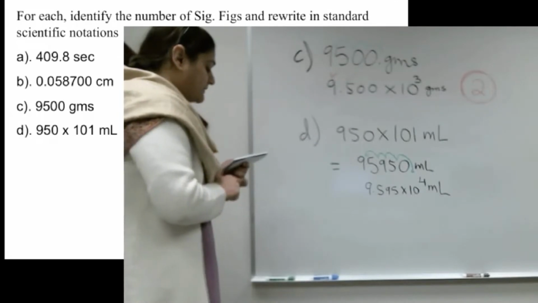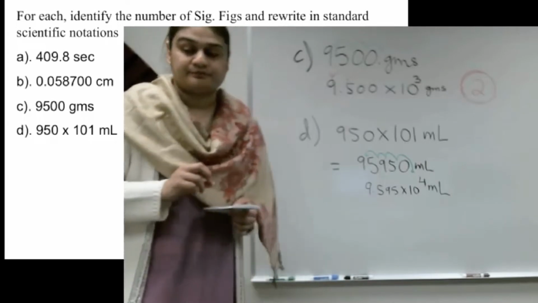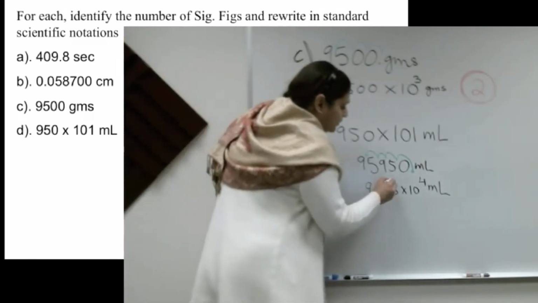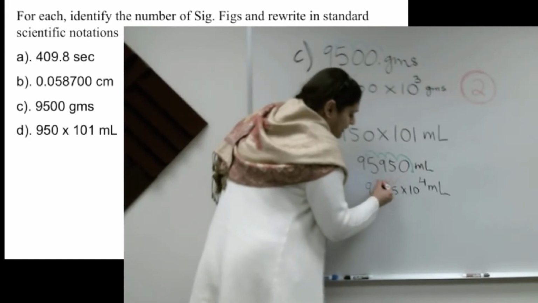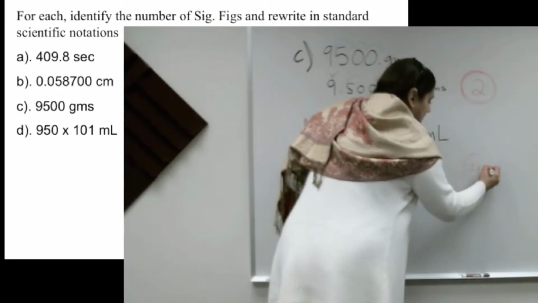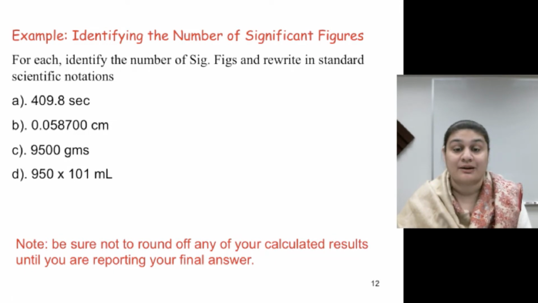And now for significant figures, how many significant figures should this have? Okay. 1, 2, 3, 4. So the number of significant figures is 4. A word of warning here. Please make sure not to round off any of your calculated result until you are reporting your final answer.